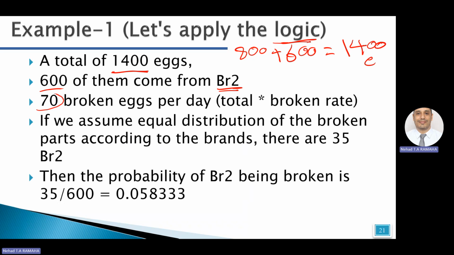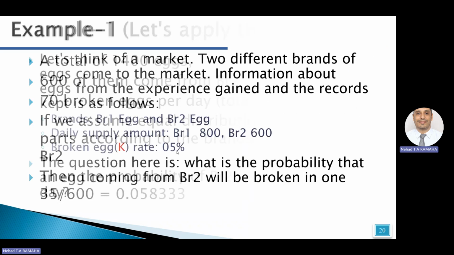We have 70 broken eggs per day. From where do we get this number? The 1,400 eggs we have, multiplied by the percentage of broken eggs. It's given to you here.